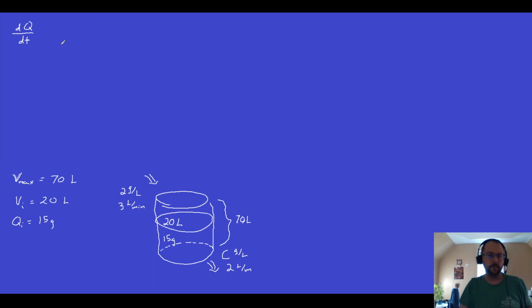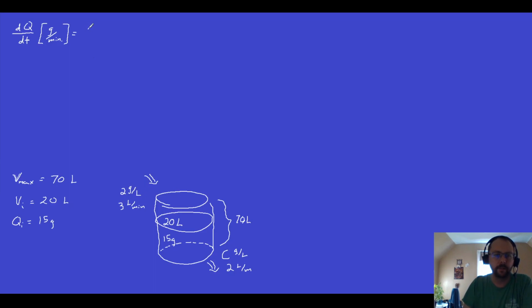It really helps to think about the units. So the quantity with respect to time. Well, quantity here has always been in grams. Everything that I've given down here is in grams. And time is given in minutes. So we want grams per minute. Now if we look at what's going in, we see that if we multiply these two values, the liters cancel and that will give us grams per minute, which is what we want.